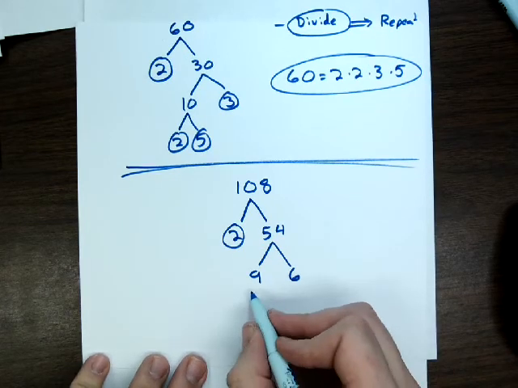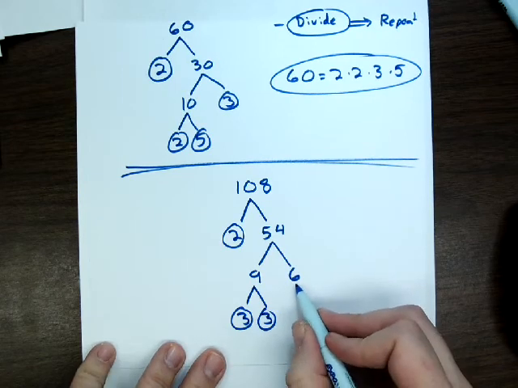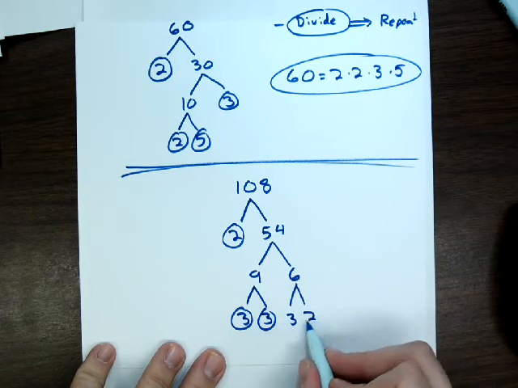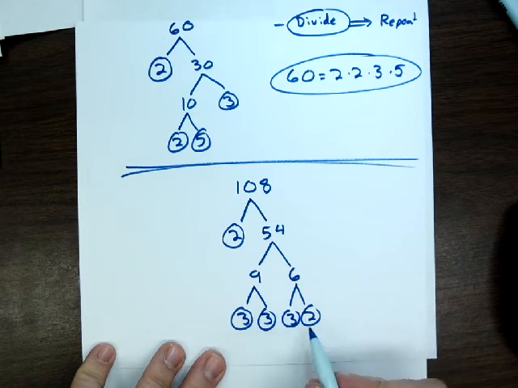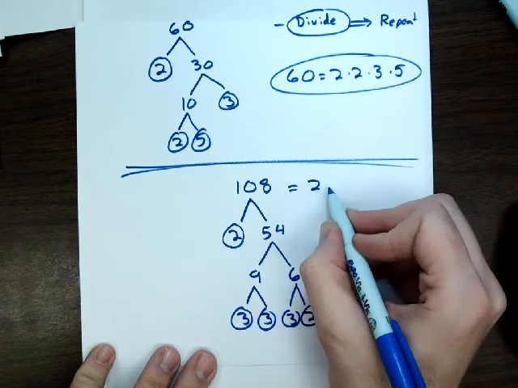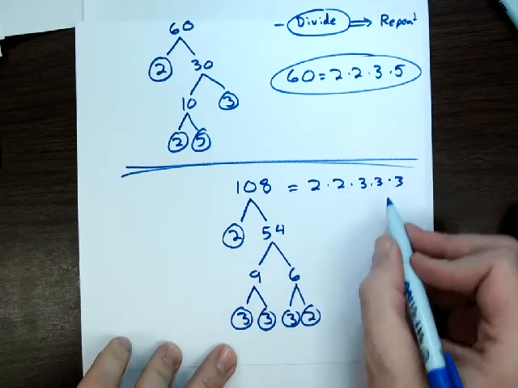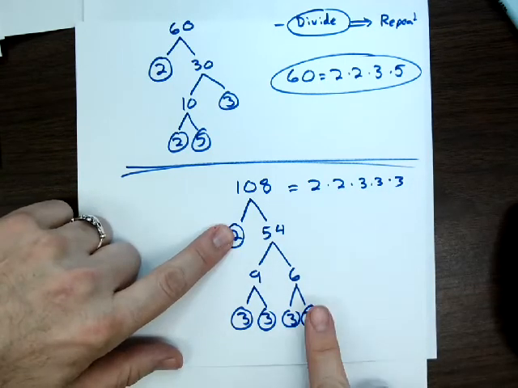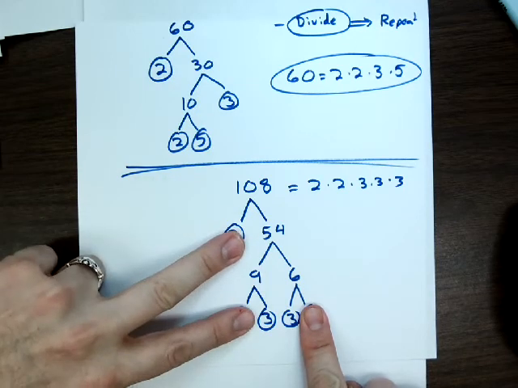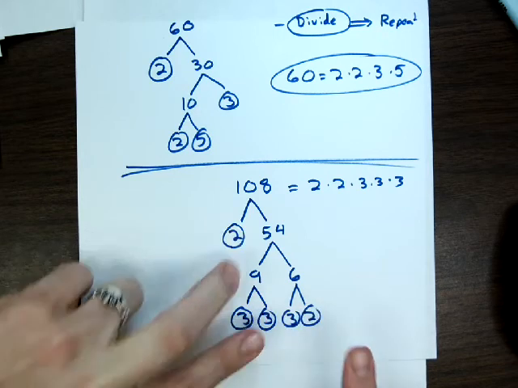So 9 just happens to be 3 times 3. Oh, hey, both of those are prime. 6 is 3 times 2. So this is going to be 2 times 2 times 3 times 3 times 3. We've got all of our factors accounted for.